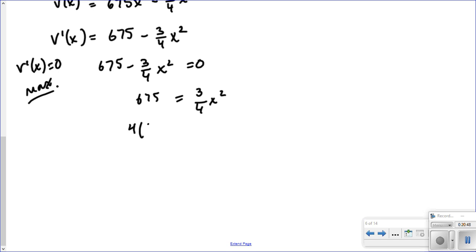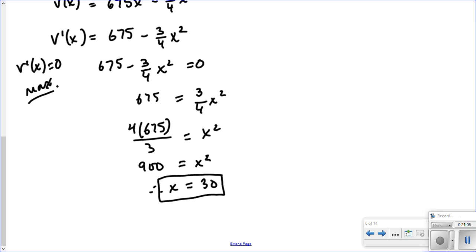So 4 multiplied by 4 divided by 3 is going to give me x squared. When I multiply 675 by 4 and divide it by 3, I get 900. So therefore I get x equals 30. So x equals 30 is my dimension that is going to give me my maximum volume.